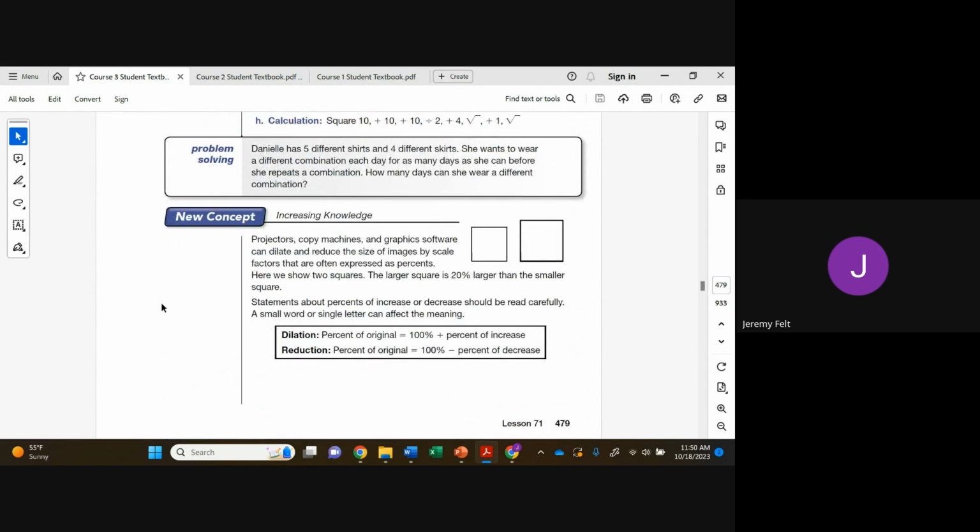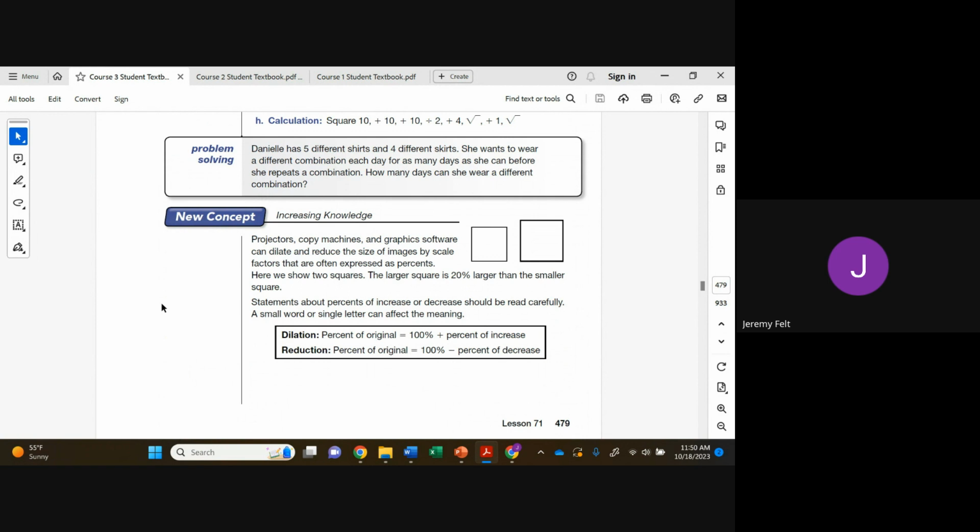Okay, so projectors, copy machines, graphic software, all of these, if we're looking at a scaled model of a building or something like that, we're going to dilate to enlarge and contract to reduce.